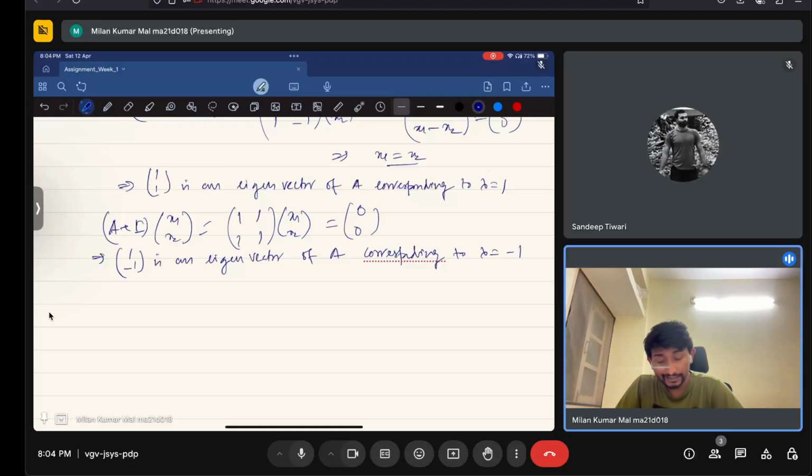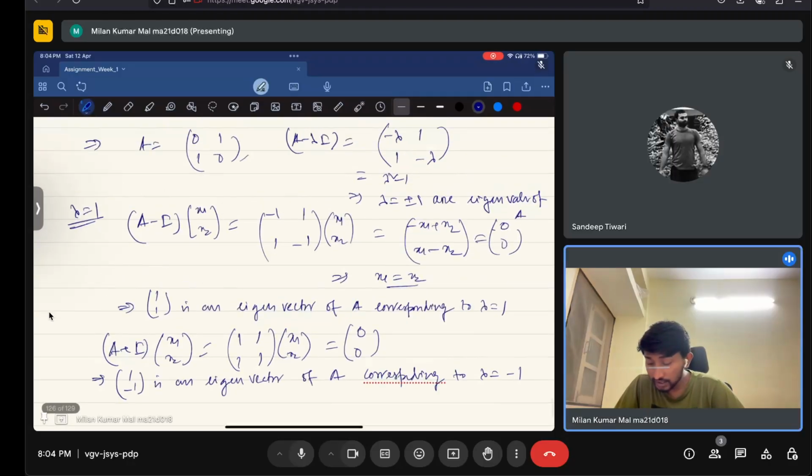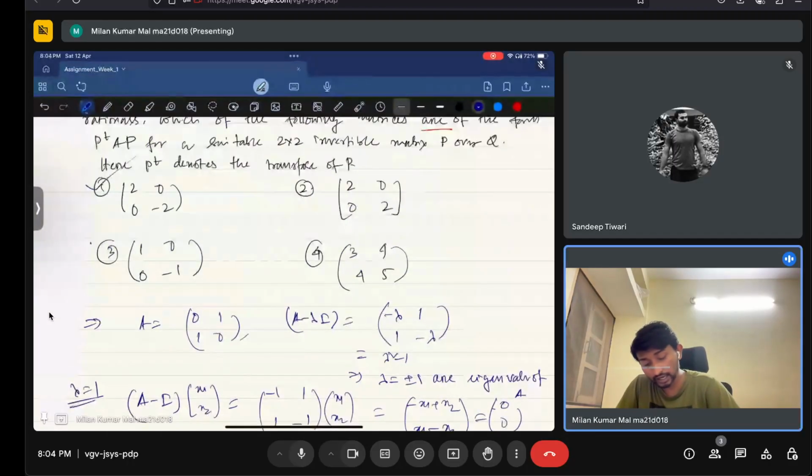So you can directly get the answer here. The answer will be 1 and 3. These two are the correct answers. So 2 will not be. What will not be, that I will share.